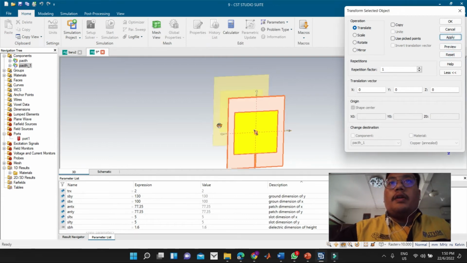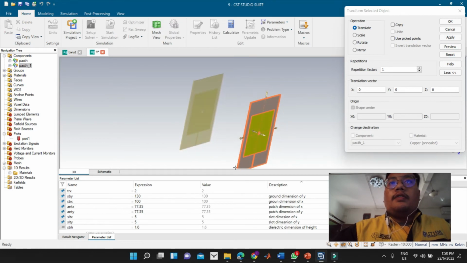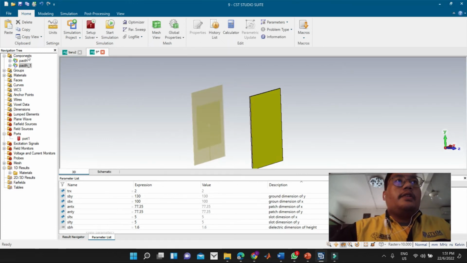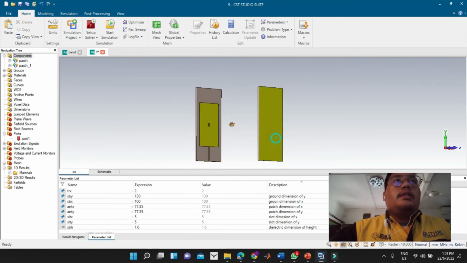So when I apply, the receiver will go in front. So we rotate the antenna about 180 degrees, and then we click okay, and then we check the distance of both antennas.